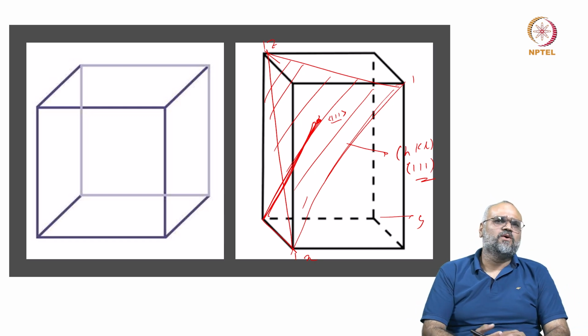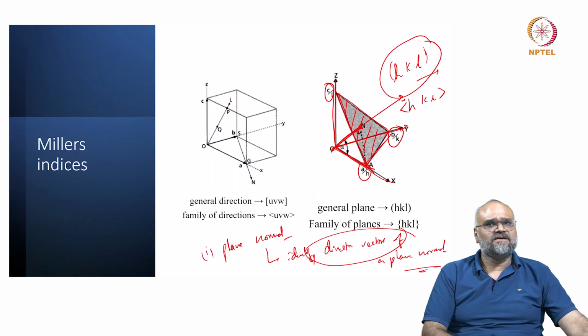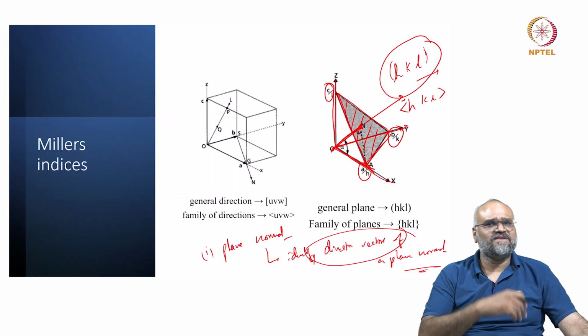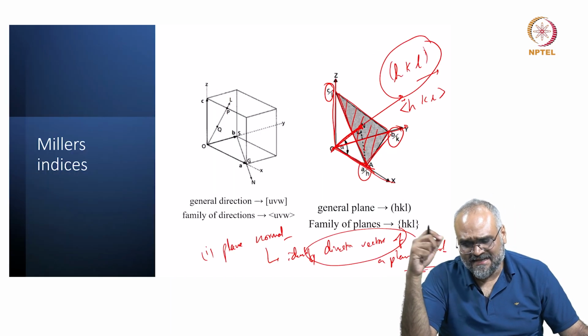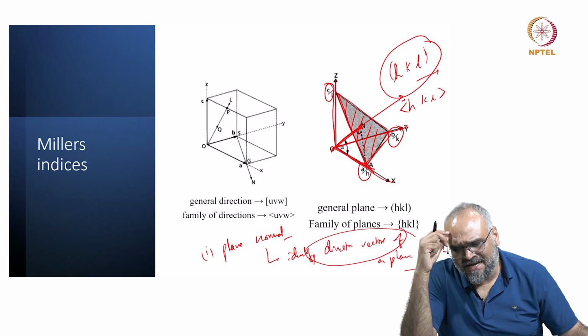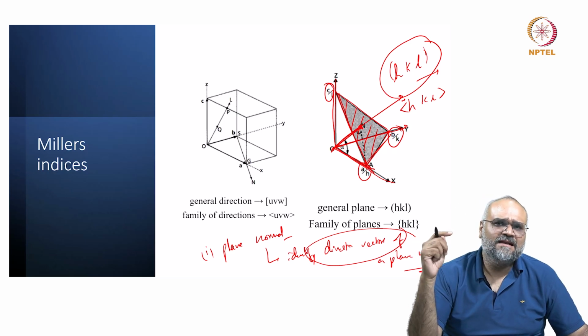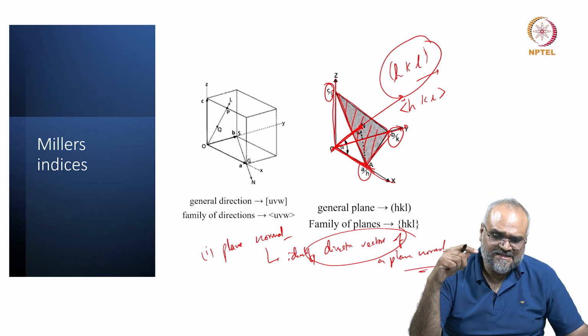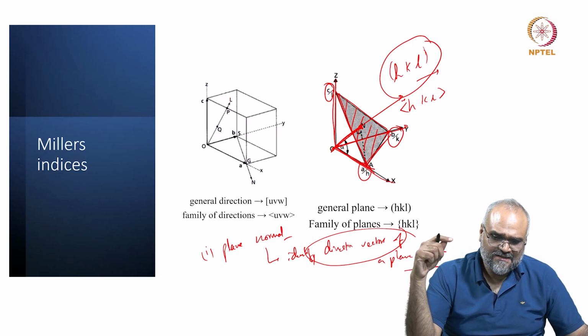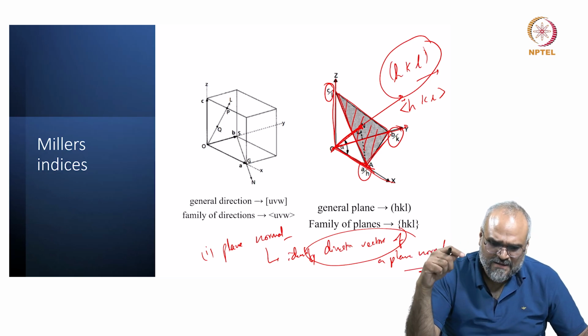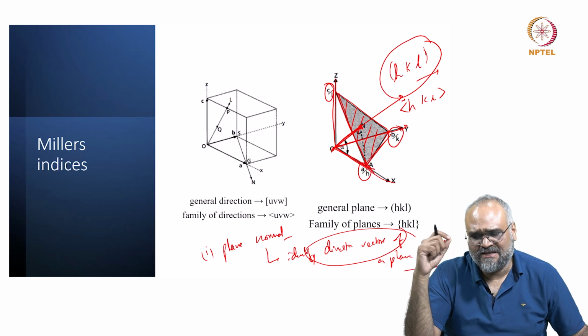Now, what is the whole objective of showing you the concept of these Miller's indices and establishing that when I have Miller's index for a plane, its corresponding plane normal also has the same Miller's index value?